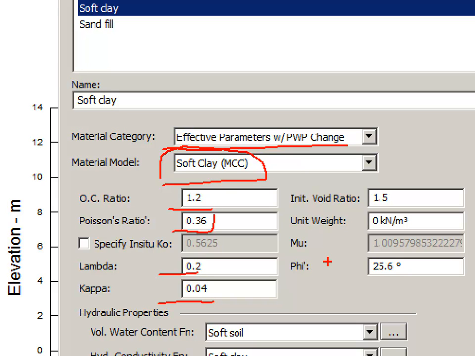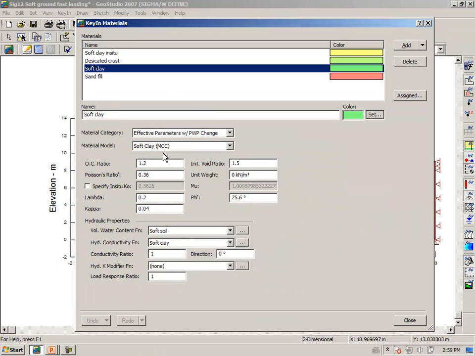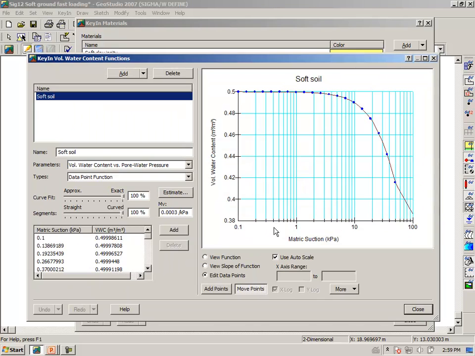That took place in the in situ analysis, and here is our effective friction angle, 25.6 degrees. And notice that the slope of the critical state line is 1. As noted in the one-dimensional case, we always must specify a volumetric water content function, and so here we have used a volumetric water content function.